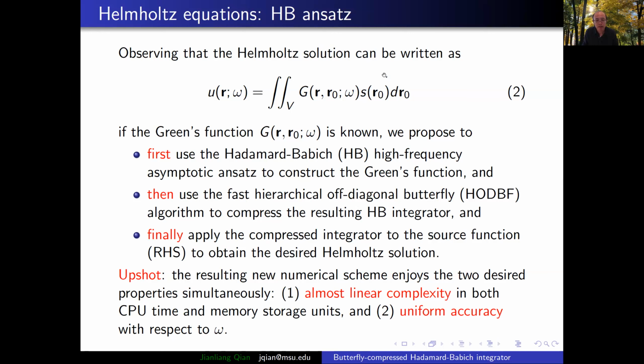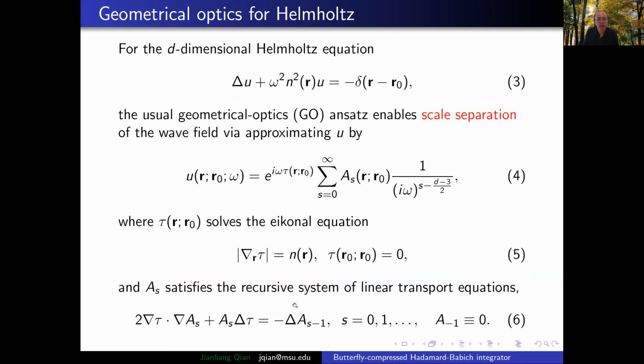Once we have this operator compressed, we can apply it to many different source functions as we wish. That gives us linear complexity in both CPU time and memory storage cost, and uniform accuracy with respect to omega.